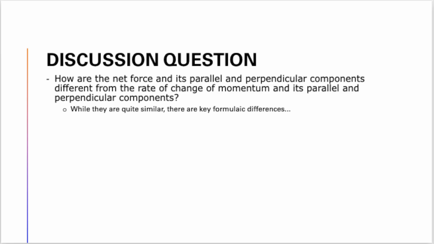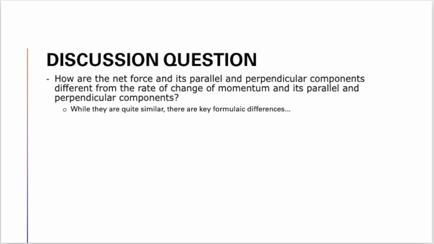Just to preface the summary, there's no tangible source of error, since this experiment was executed in a coding setting. To answer the discussion question, the net force and its parallel and perpendicular components differ from the change in momentum over time.